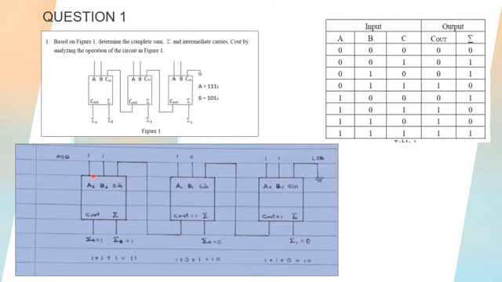So 1 plus 1 plus 1 equal to 1 1. So the sum equals 1 and the C out equals 1.